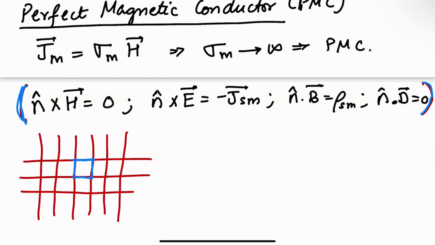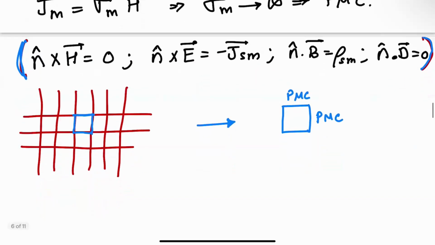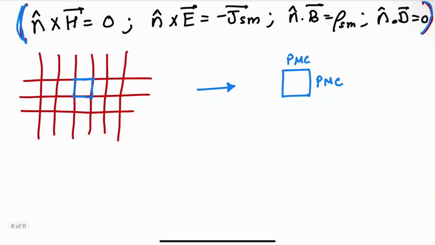So then you can replace this entire periodic structure with just the perfect magnetic boundary condition and use a single unit cell. So maybe these boundaries are PMC boundaries. That gives us a solution which is the same as having to solve this entire large periodic structure. So PMC boundaries actually are useful in many cases, and we'll see some examples of that later in the class.